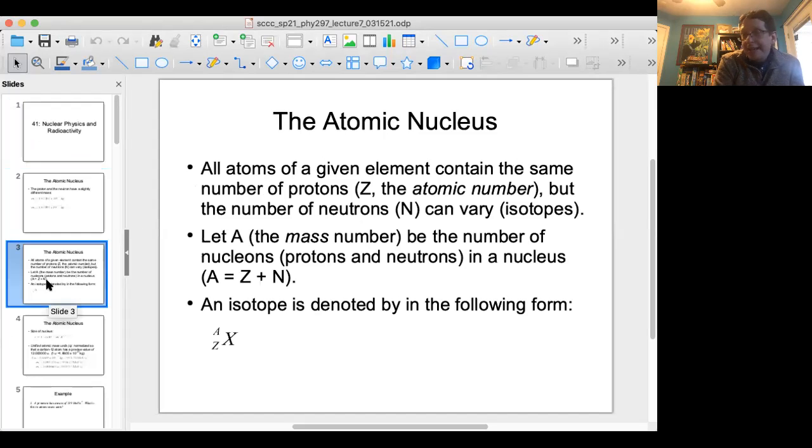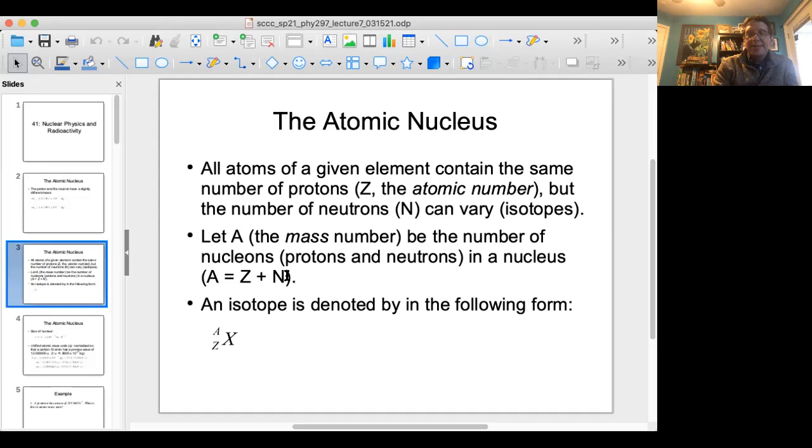We define Z as the atomic number, which is the total number of protons. All atoms of a given element have the same value of Z, but the number of neutrons, or N, can vary. So you have different isotopes for the same element. We define A as the mass number, which is the total number of nucleons, or protons and neutrons, in the nucleus.